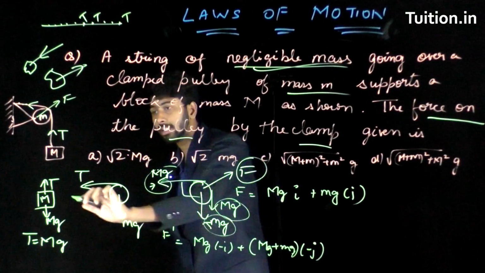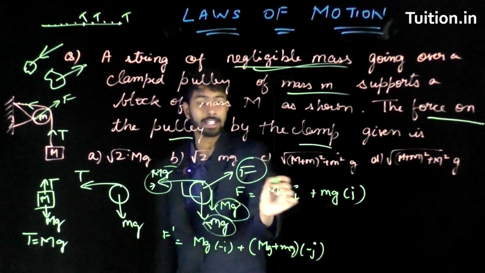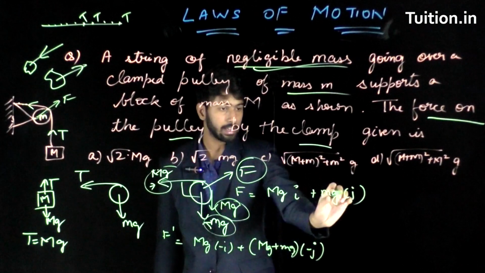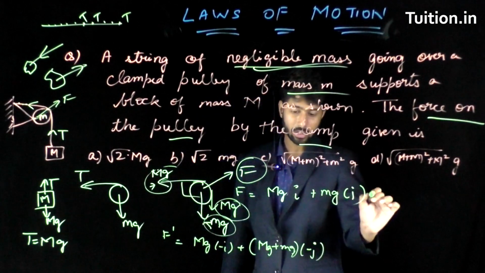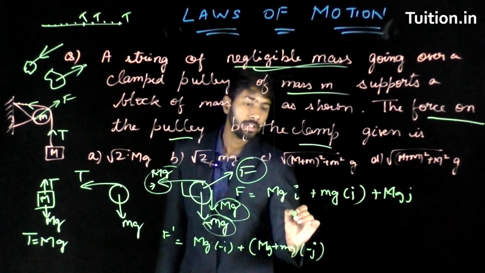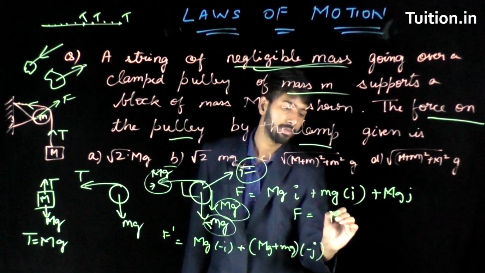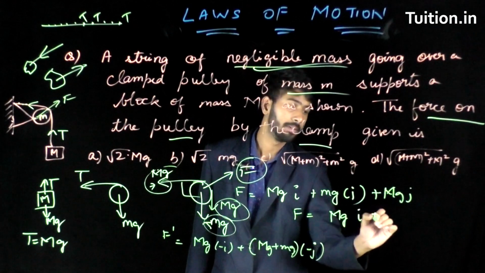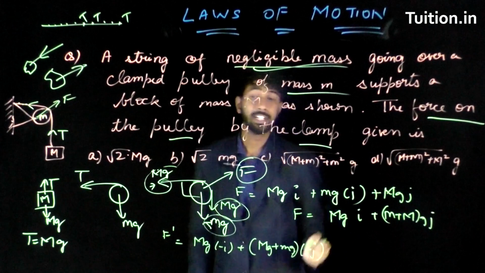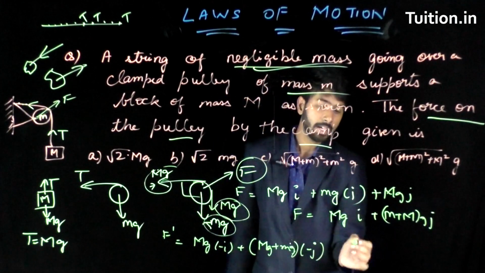F is the force coming from the clamp on the pulley, and it has to be the negative of this. So that's why it is mg i and mg j, and you also have capital Mg j. So F will be equal to mg i plus M plus m into g j. If you need the magnitude of this force, it will just be squared.